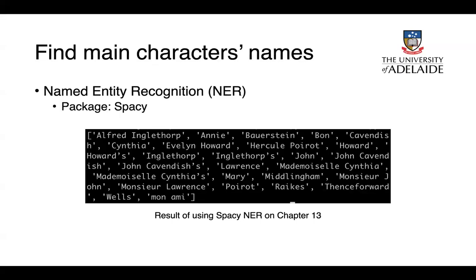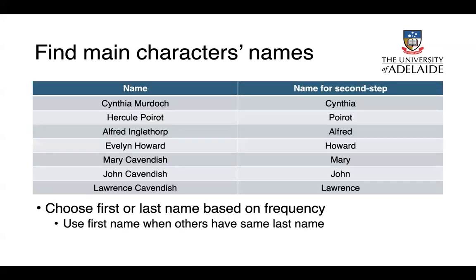About the first step, we use NER provided by spaCy to find names of characters. This picture is the result of NER on chapter 13. We apply NER on all 13 chapters, and we identify the 7 main characters.